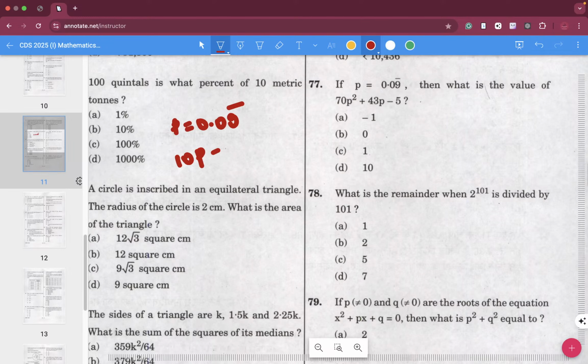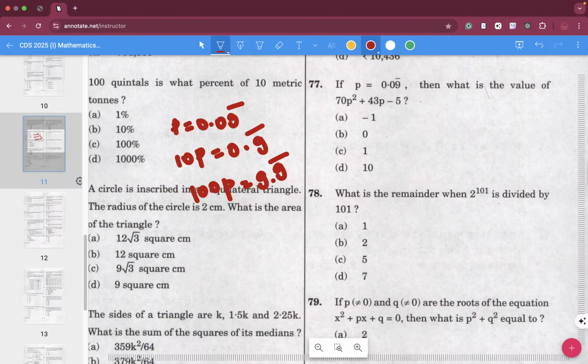So 10p is equal to 0.9 bar. Another time, 100p is equal to 9.9 bar.